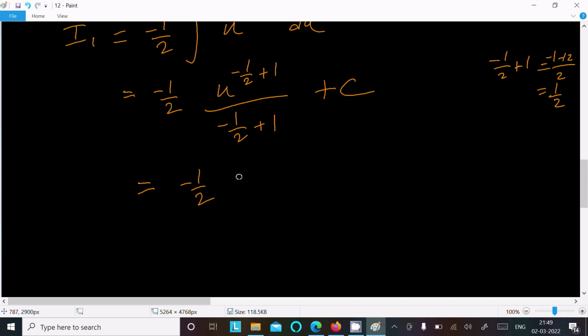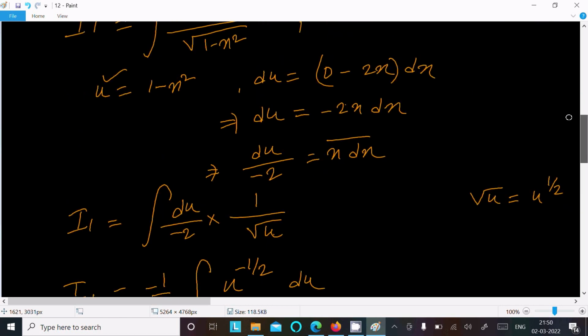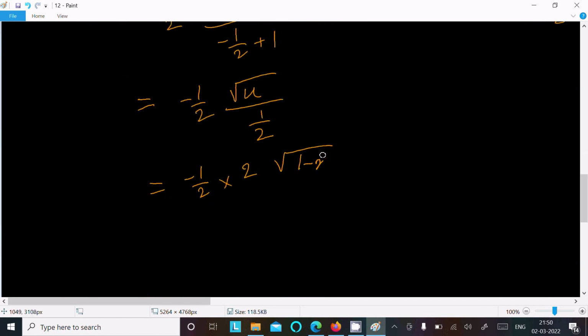Okay, so this we can write u power 1 by 2, that is equal to root u, and this you can also get here 1 by 2, or we can write minus 1 by 2, and here this 2 moves up, and here u value is now that I assume, 1 minus x square.